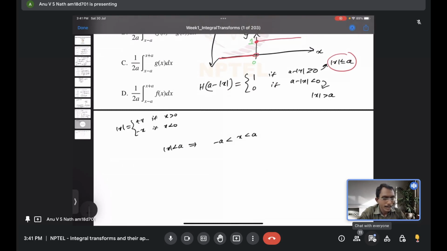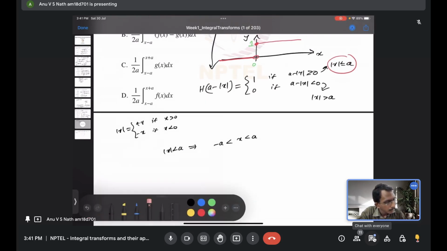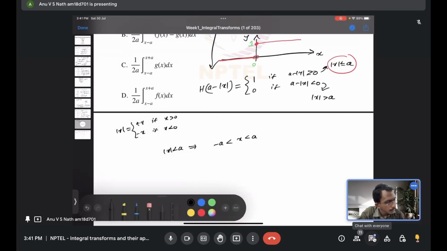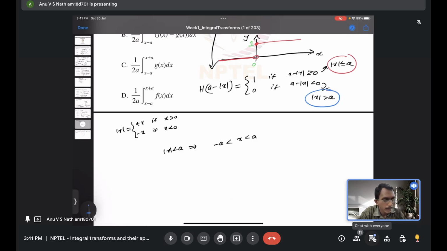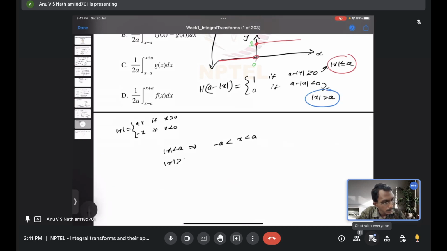And the second region, mod x is greater than a, which means that x is greater than a or less than minus a, that is, outside this region.